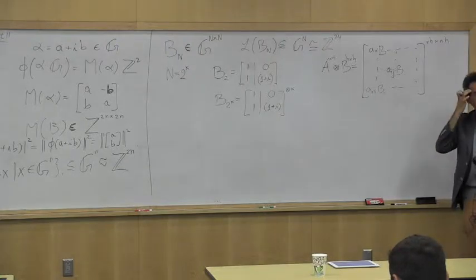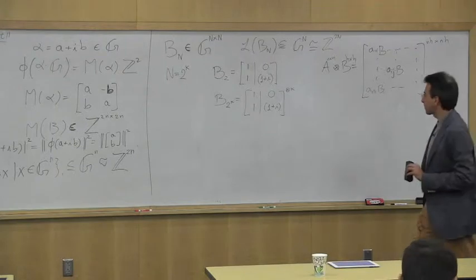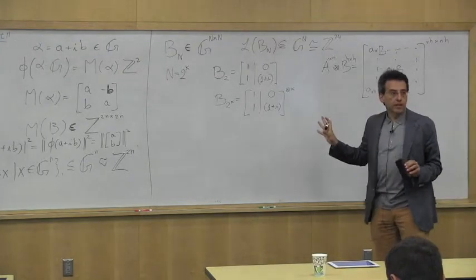The dimension of the space and the dimension of the matrices get multiplied. So this is the definition of the lattice.